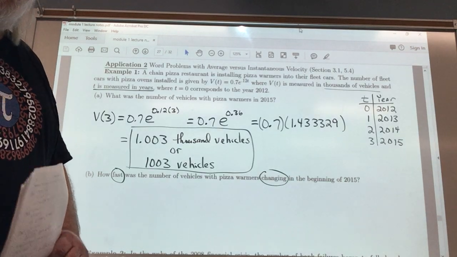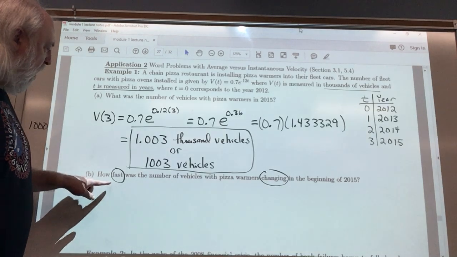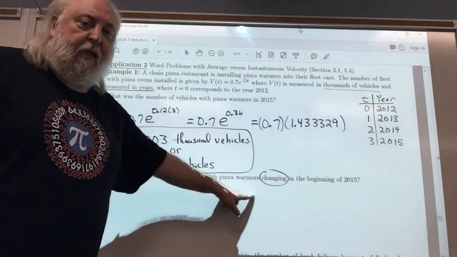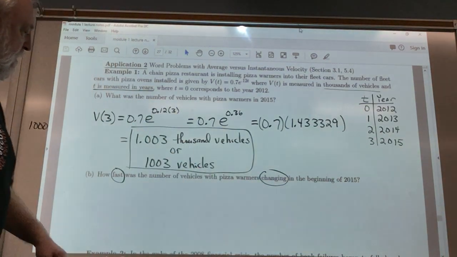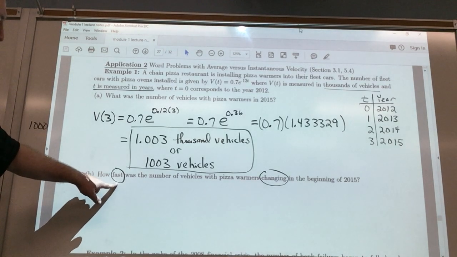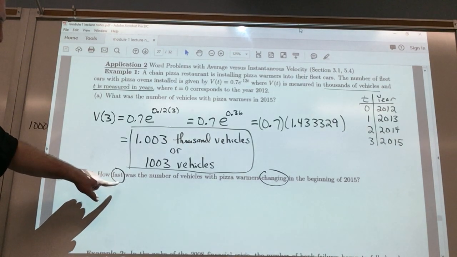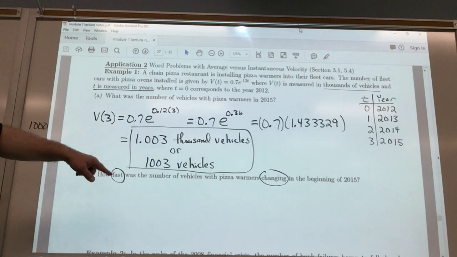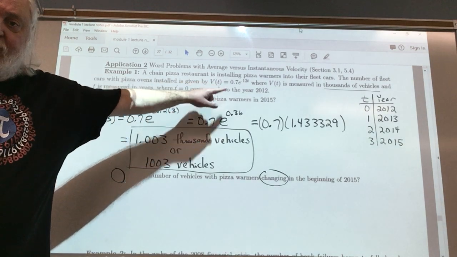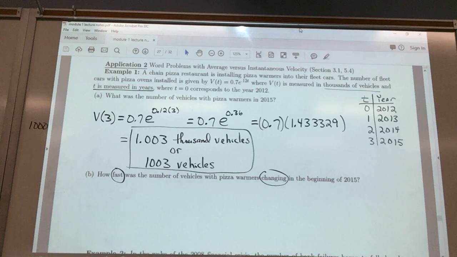That's a velocity. So our answer here is going to be like a velocity. And whenever you have an answer that's like a velocity, you need the derivative of the function. Because the derivative of the function tells you how fast something is changing.